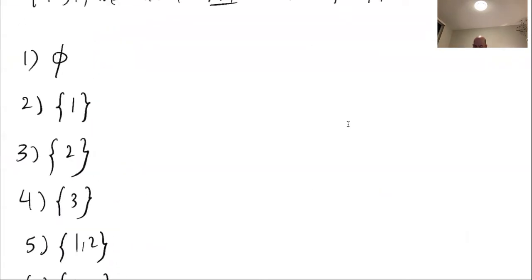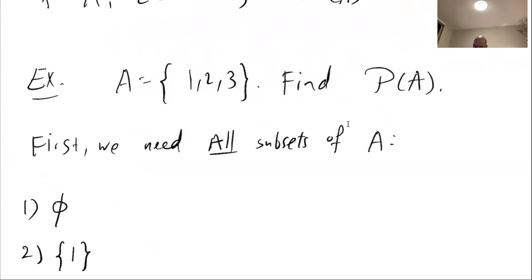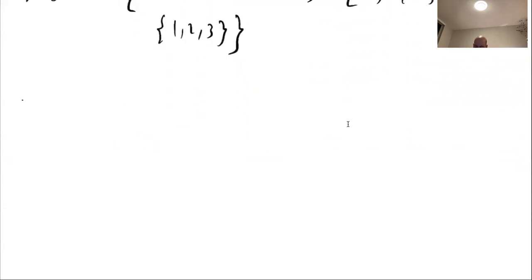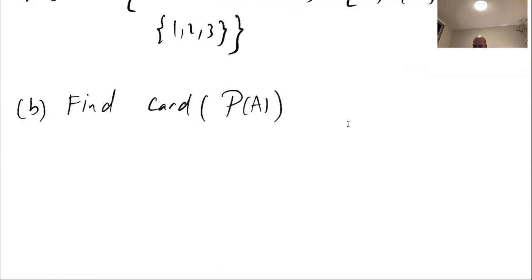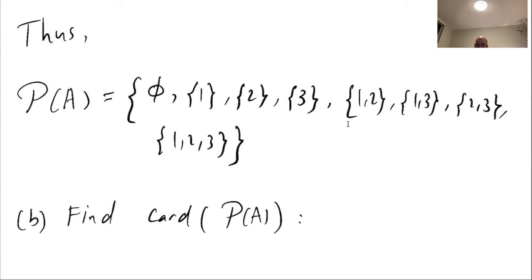So I can add part B to this. Part B, find the cardinality of the power set of A. Cardinality means number of elements. How many elements does P of A have? Let's count them.